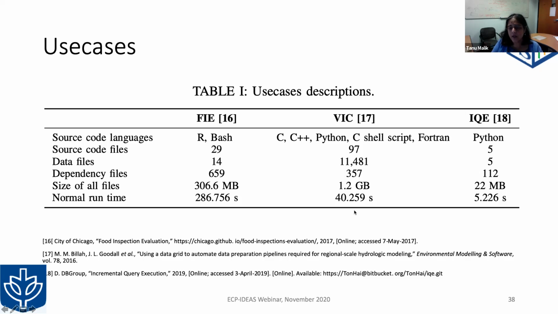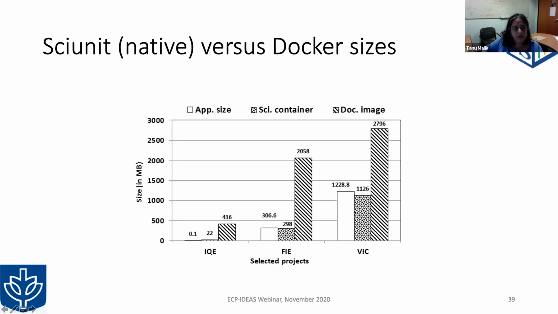So let's look at the difference between Sciunit and Docker. For the very first thing, let's look at the sizes of Sciunit and Docker. The first bar over here is the application size. For IQE and FIE, as you can see, it's 306 megabytes, and something like 1.2 gigabytes over here for VIC.